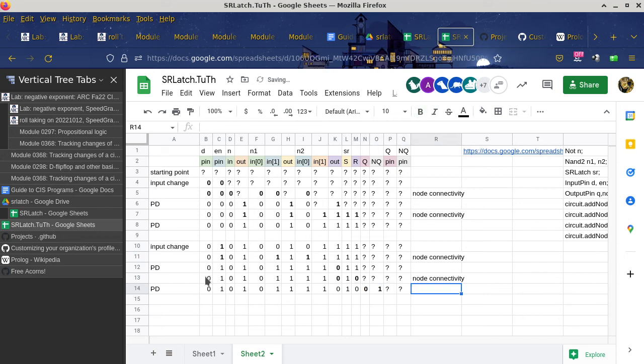All right, so now we are ready for node connectivity again. In other words, we're just spreading that change around because of how things are wired up. So we can see this is a purple. Nope, this is a red. So we have to look for the other thing that is also red. There's only one more, which is here. And then this is in gray.